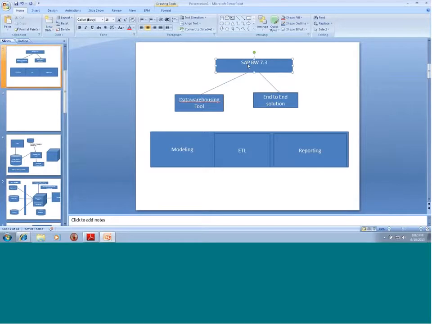In the case of SAP BW, it comprises modeling tools, ETL tools, and reporting tools. So if an organization buys an SAP BW system, they don't have to go to another outside party tool for any data warehousing functionality. It is a self-contained tool that can do all three functions of a data warehouse.